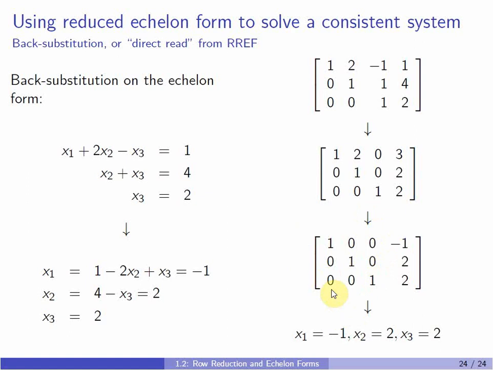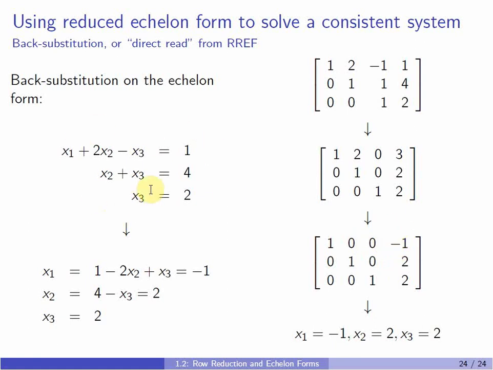The great thing about the reduced echelon form, at least as far as an augmented matrix goes, is that we can read things off right away. So this says, from the bottom, x sub 3 equals 2, x sub 2 is equal to 2, and x sub 1 is equal to -1, because this is really saying 1 times x sub 1 plus 0 times x sub 2 plus 0 times x sub 3 is equal to -1.